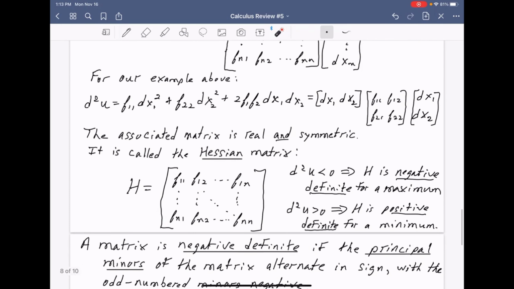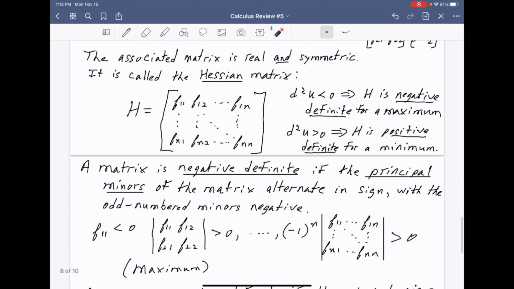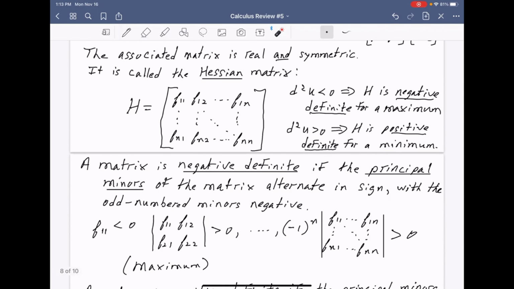So d squared u less than 0 implies that the Hessian is negative definite, which it has to be for a maximum. D squared u greater than 0 implies that the Hessian is positive definite for a minimum. So we can define negative definite and positive definite. A matrix is negative definite if the principal minors of the matrix, and remember now your matrix algebra, alternate in sign with the odd numbered minors negative.